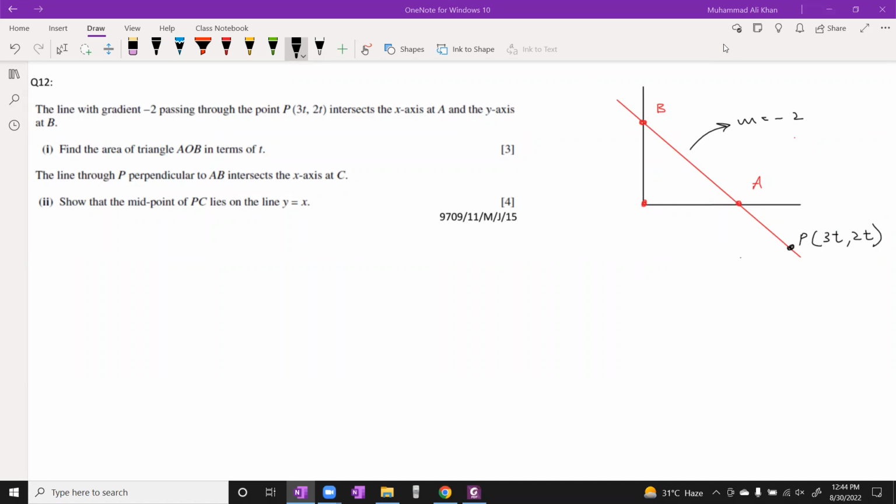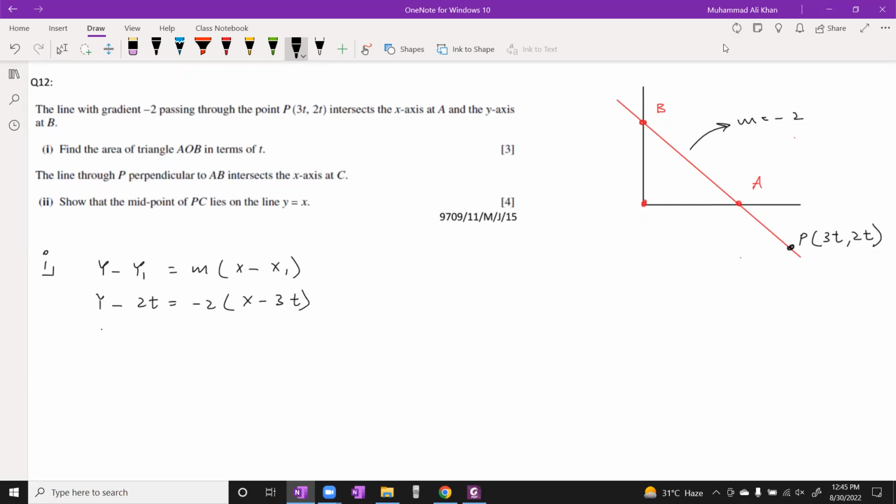Now, first we have to calculate the equation of the line AB. Can I say that the gradient of the line is -2 and the point the line passes through is 3T and 2T? So by using the formula y minus y1 equals m into x minus x1: y minus 2T equals -2 into x minus 3T.